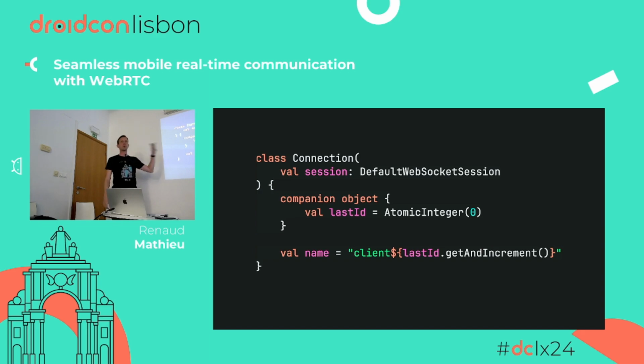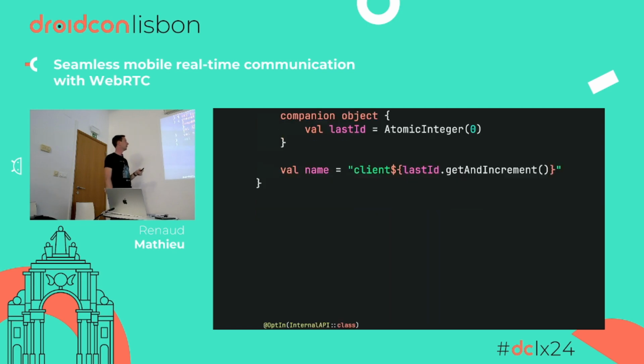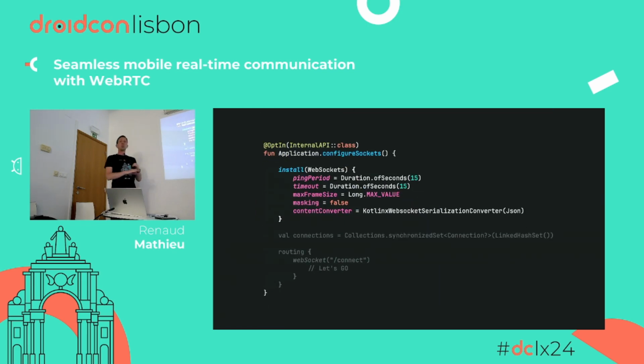So in this very simple way, ensure that it's thread safe, of course, and put an ID with an atomic integer and put just a name. So what I did is I put a name and a value here. And I'm using the Ktor object called DefaultWebSocketSession. That's it for the setup.